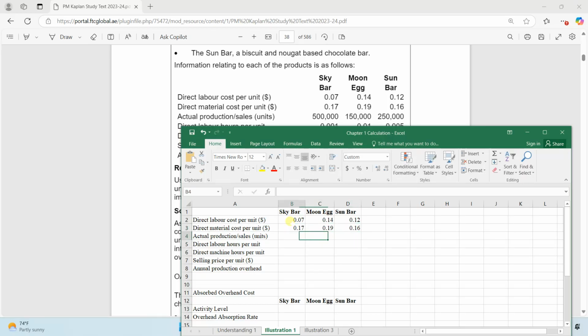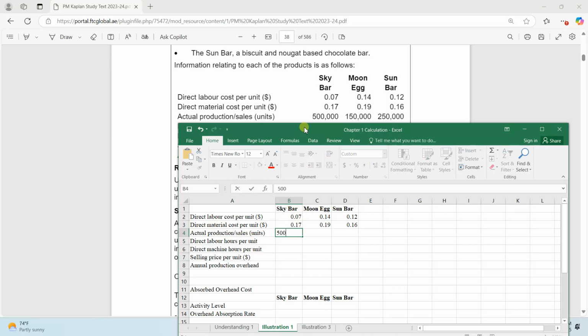And how many actual production units are sold? 500,000, 150,000, 50,000.